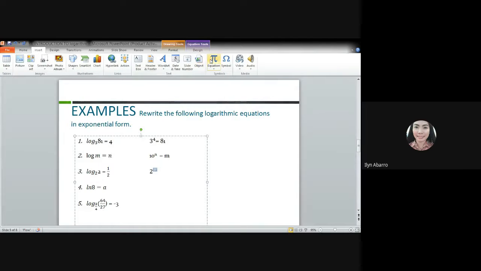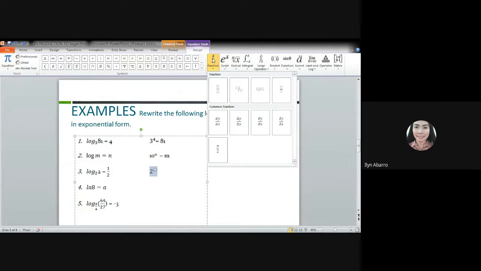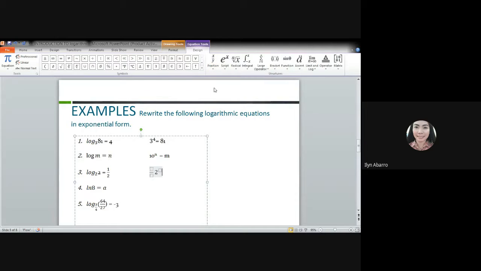Ito, dapat fraction siya. Ay, sorry, mali. Wait lang po. Yan ang struggle ng pag-encode ng mga math symbols. Ay, sorry.